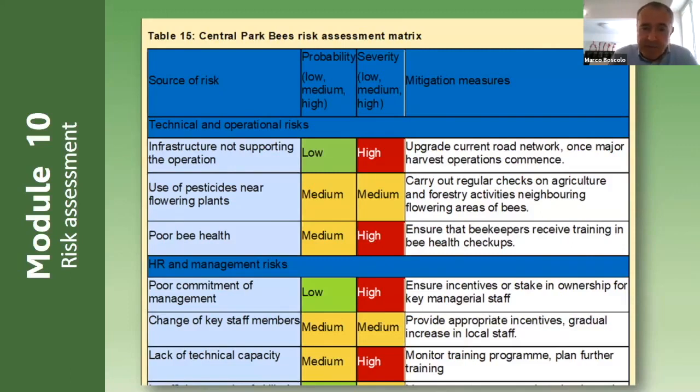Also, it's important to assess the severity of the impact on the business in case this occurrence takes place. And finally, what are the mitigation measures? And this is an example of how a business like Central Park Bees did to summarize their risk assessment.